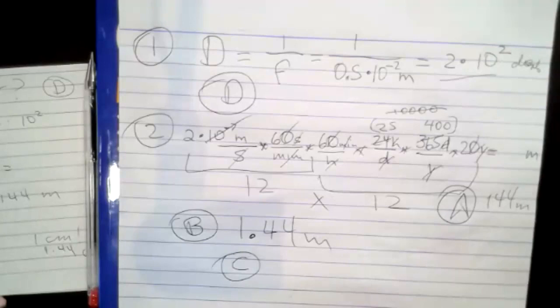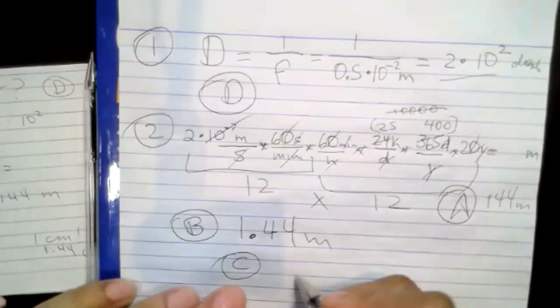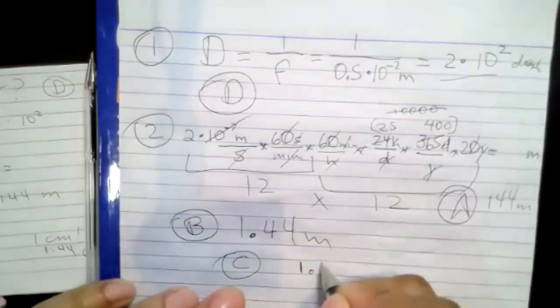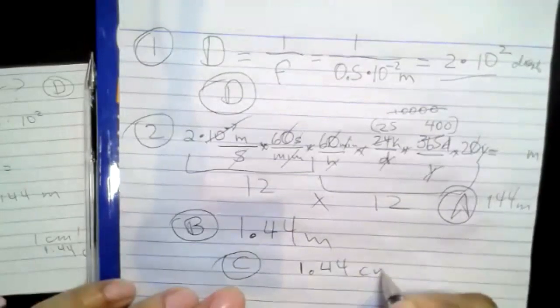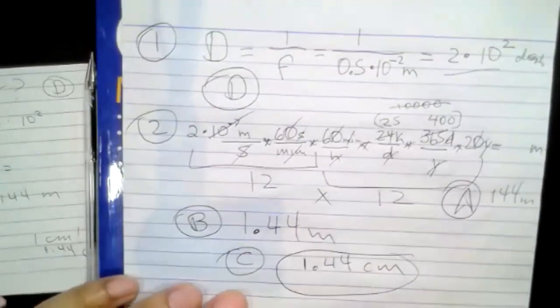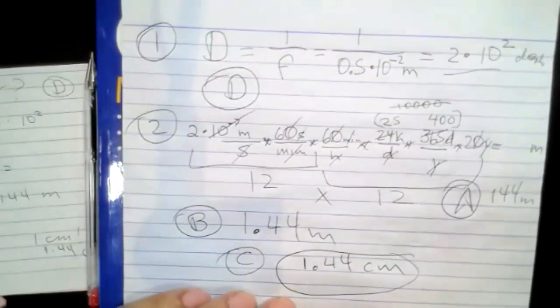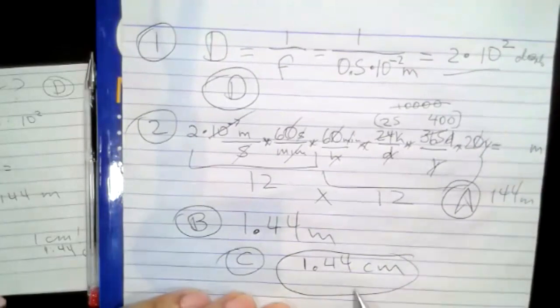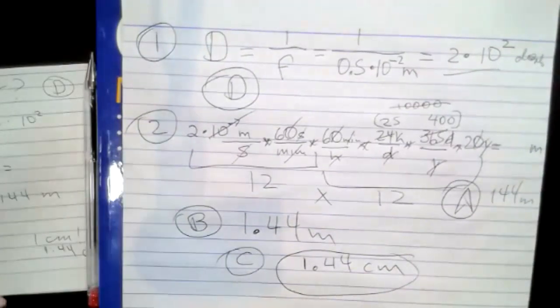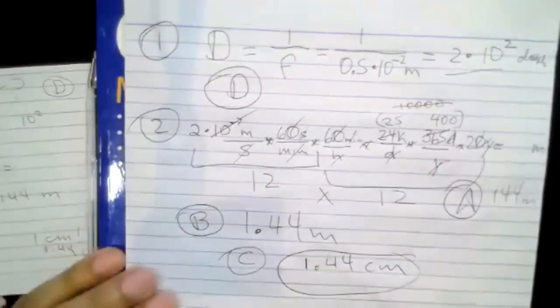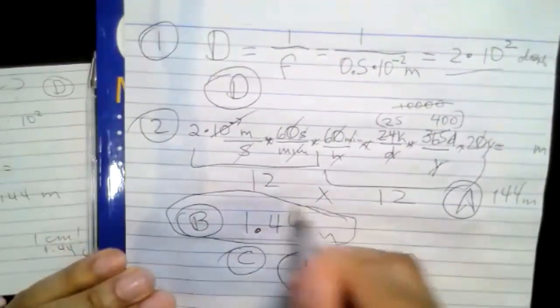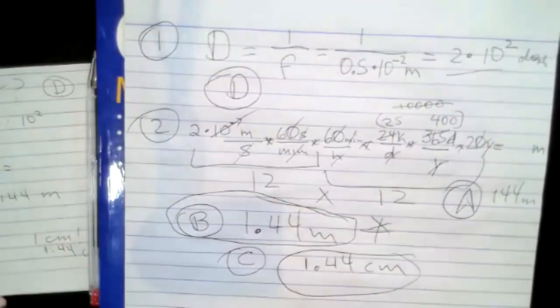So yes, Janath, it's 1.44 centimeters. Do you see how different answer choice C is? Did you grow 1.44 centimeters from birth to the age of 20? No. So this is the most rational, logical answer.